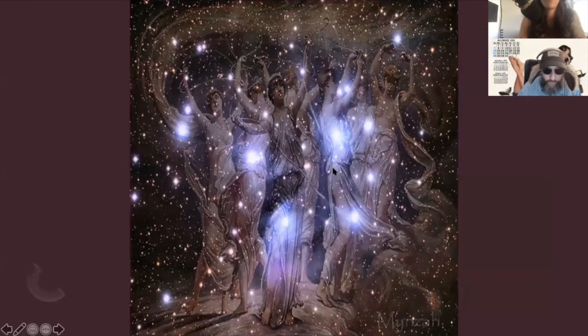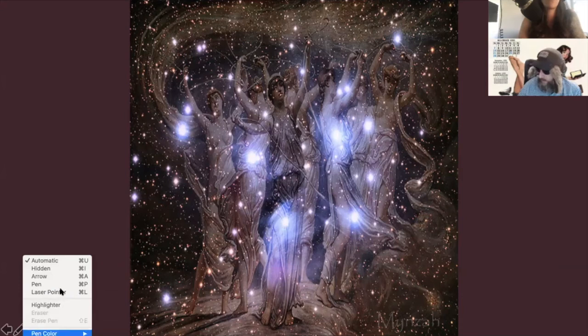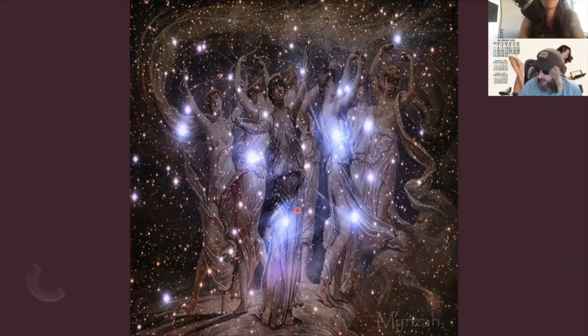So I put up a picture of the constellations with all the seven nymphs, and the closest star right here at the bottom, I think, is supposed to be Maya. I didn't research the other names of the sisters, which I probably should have.